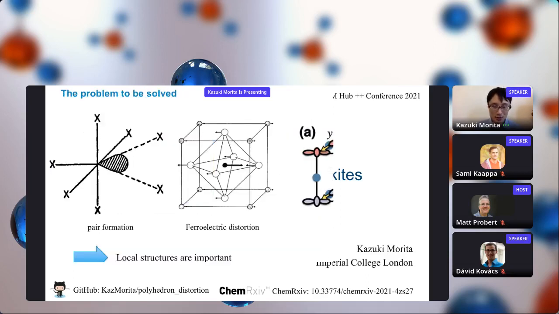Before going into details, let's see what problem we are dealing with. Let's say there is an atom with a lone pair. The lone pair might displace some neighboring atoms, creating an asymmetrical environment. If it was a perovskite-like material, slight distortions of atoms may induce global periodicity.